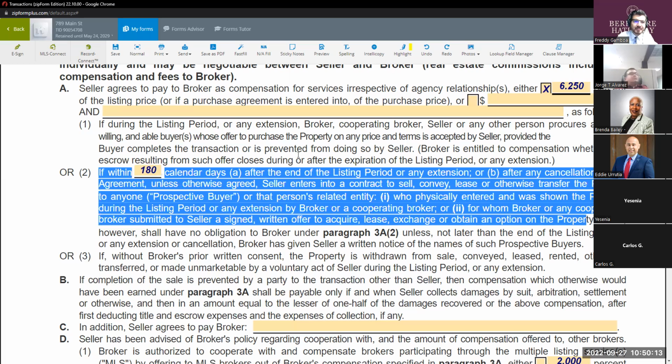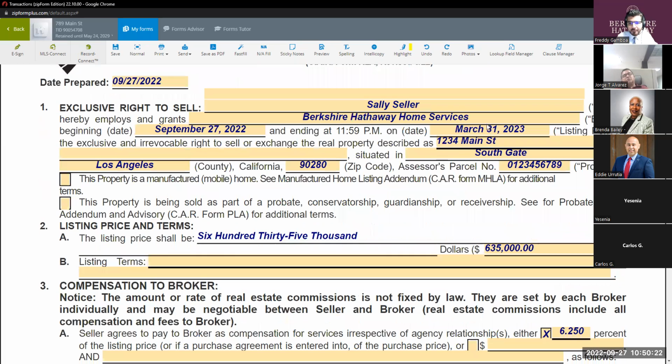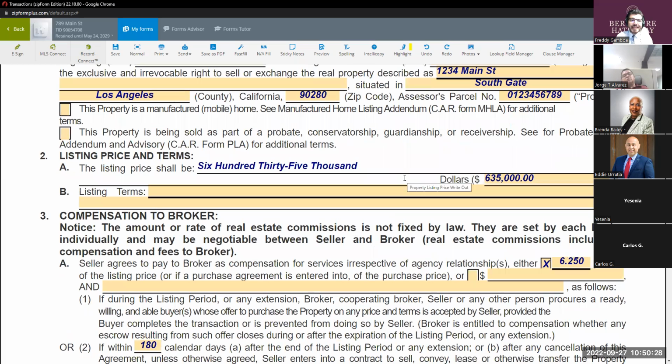Why is that? Because we're saying that if for whatever given reason, let's say March 31st or now April 1st comes around, and that listing never sold, it expired.